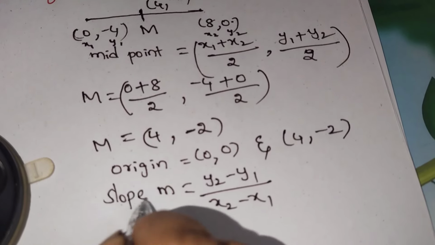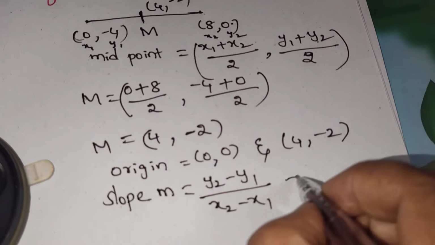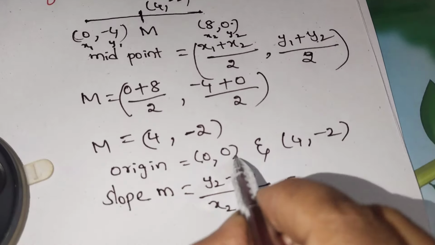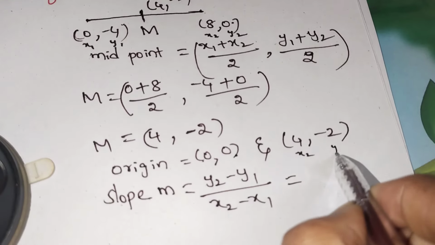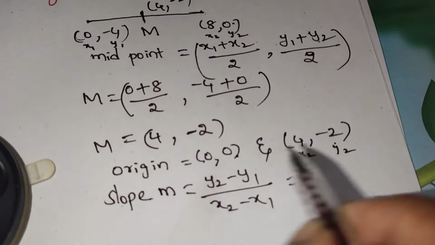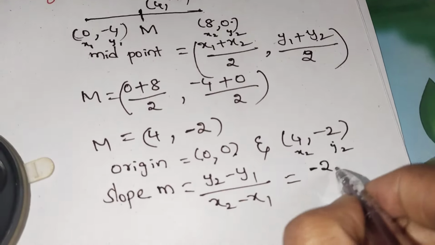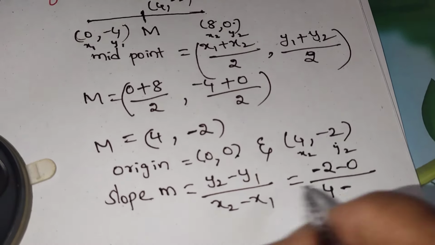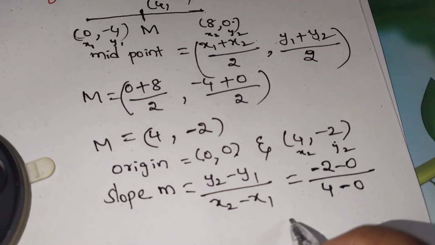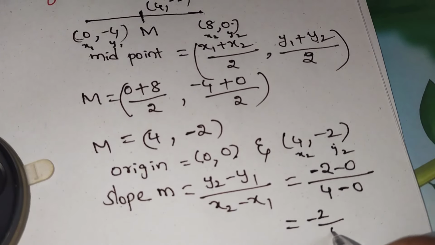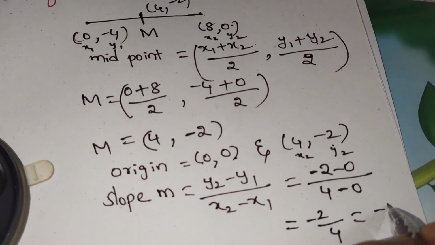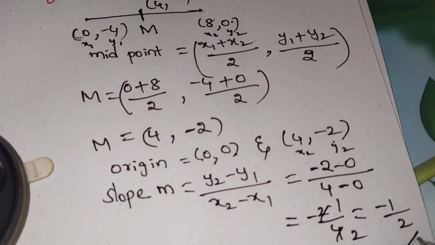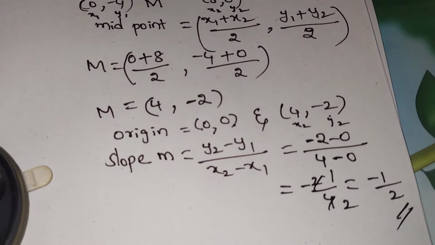Now consider this is x1, y1 and this is x2, y2. Now write y2 minus y1: minus 2 minus 0, divided by x2 which is 4 minus x1 which is 0. So minus 2 by 4 equals minus 1 by 2. 2 ones are 2, 2 twos are 4. So minus 1 by 2 is the slope of that line.